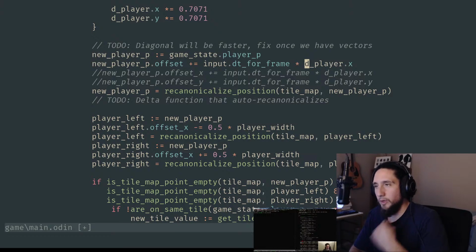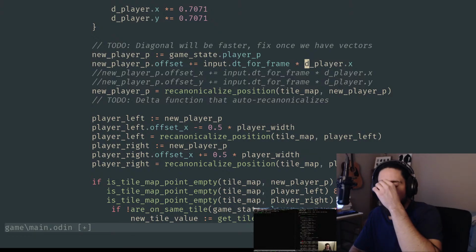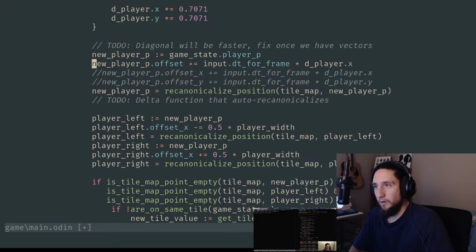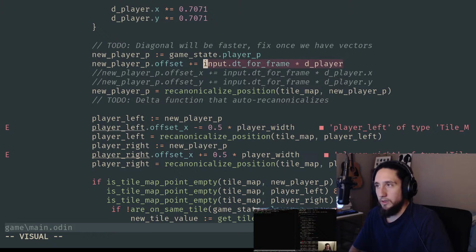It also makes it, when I get to just do this and start adding to vectors like this, so here's another thing. If I want to add a vector, like I'm going to do here, we're going to scale the player's delta with the DT for frame, and then we're going to add that to the player's offset vector.